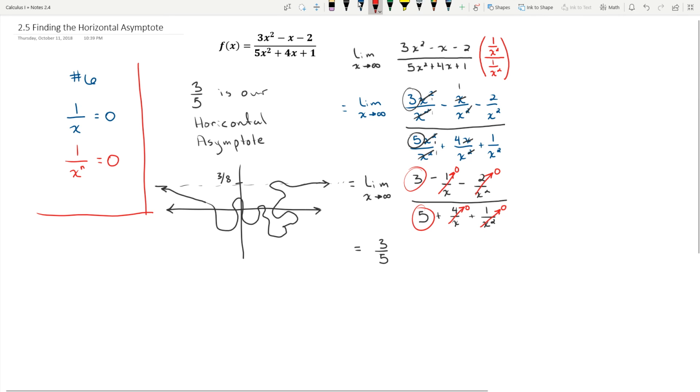So obviously the graph's not going to do this, but it's the end behavior at 3/8. That's what we have found by finding the limit of x as it approaches infinity.